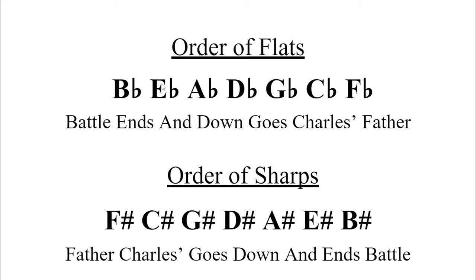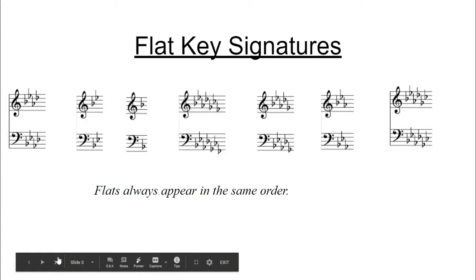If we have 5 flats, it's Battle Ends And Down Goes: B flat, E flat, A flat, D flat, and G flat. And the same holds true for sharps. If we have 3 sharps, you'll always start with F sharp. F sharp will always be the first sharp. 3 sharps: F sharp, C sharp, G sharp. Father Charles Goes.